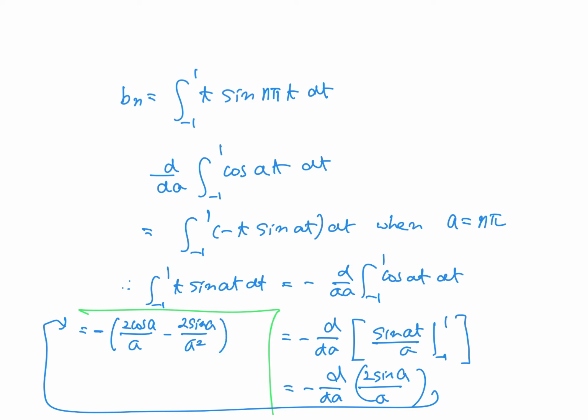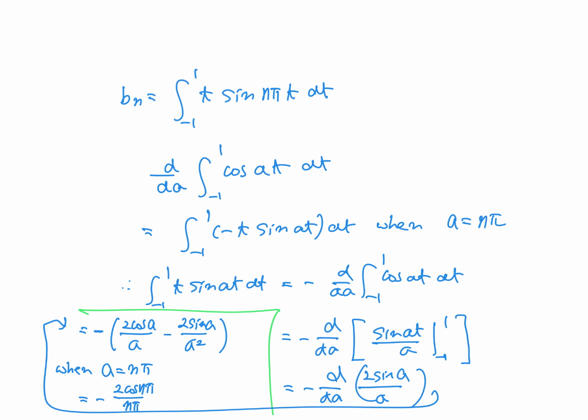So when A is n pi, what do you get? This becomes minus 2 n pi cosine n pi over n pi squared, and sine n pi is always 0.